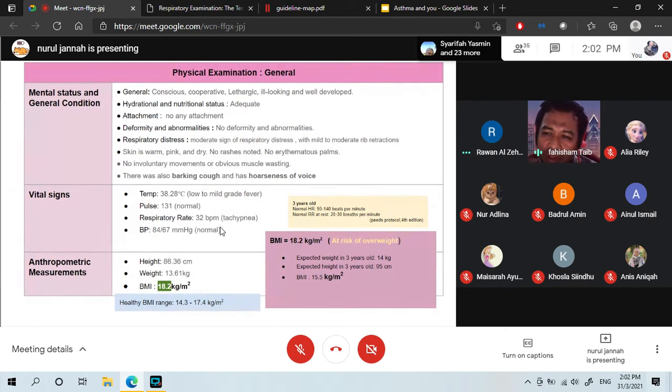That's why they get stridor. Stridor must be what type? Inspiratory, expiratory, or both? Inspiratory in nature. So stridor is inspiratory in nature.